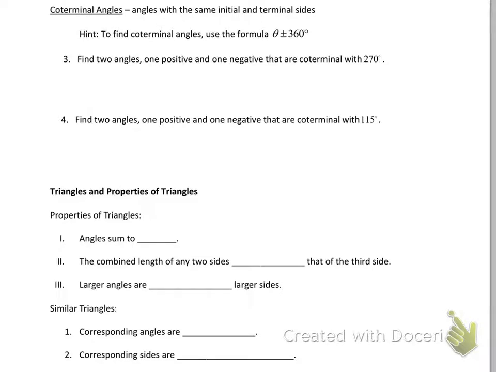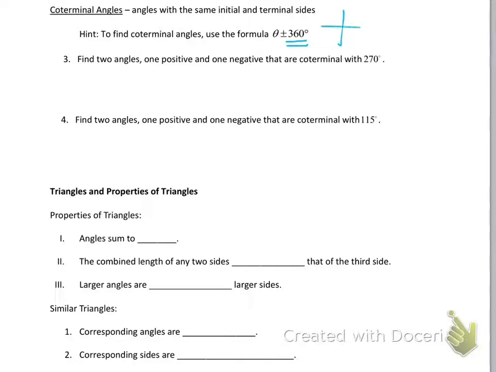So the word coterminal means that the two angles are going to have the same initial and terminal side. So they're going to start and end in the same place pretty much. So since we're dealing with angles, then we know one revolution is 360 degrees.